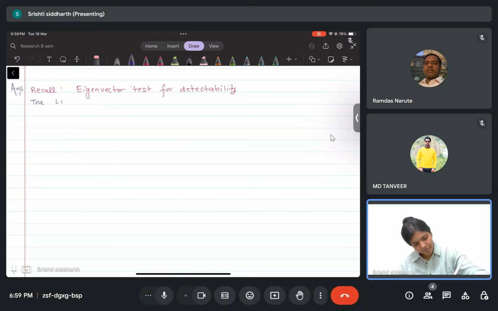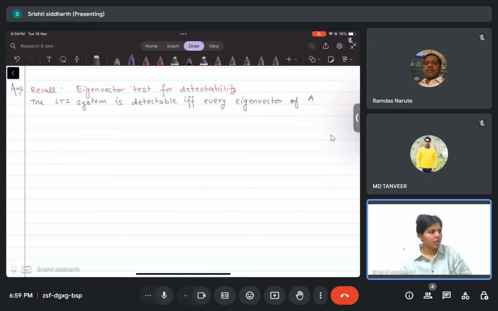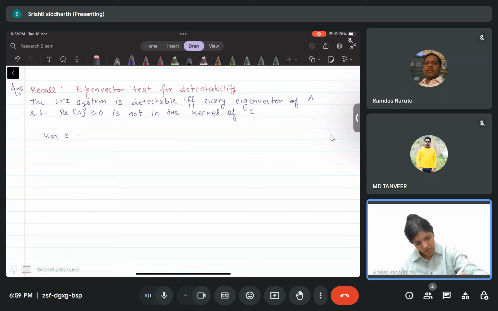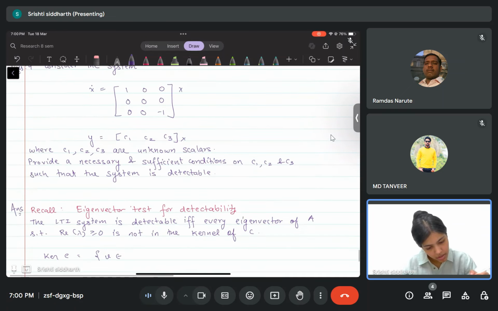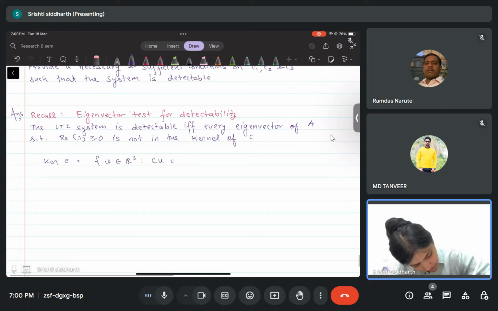An LTI system is detectable if and only if every eigenvector of A such that real part of lambda is greater than or equal to 0 is not in the kernel of C. So the kernel of C is the subspace, let's say V in R3 for our case, such that C applied to V is 0. So we want those vectors such that CV is non-zero.